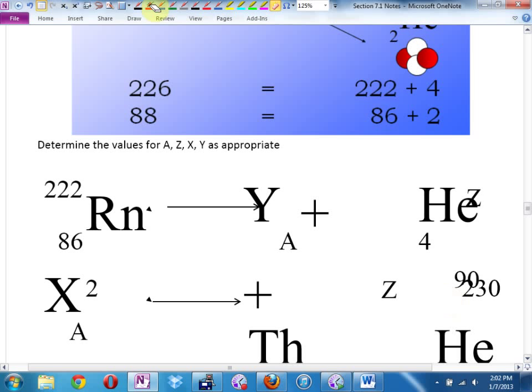So we're going to start out writing this first one. Here is Rn with a mass of 226, and its element 222, mass of 222, and its element 86. So this is radioactive radon.